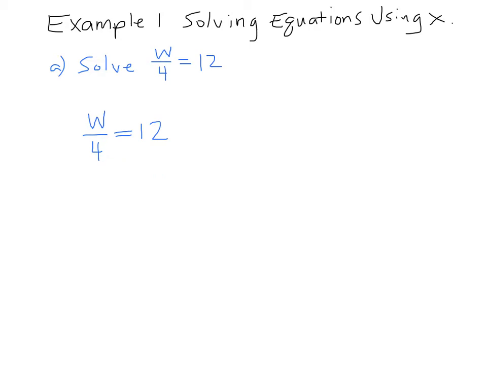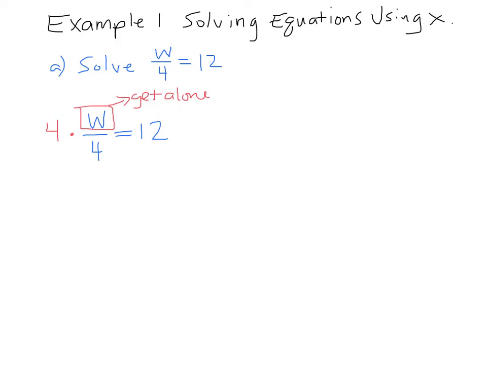So to undo this division, we have to use multiplication. So we're going to multiply this side by 4 because, remember, I want to get W all alone. And in order to do that, I've got to get rid of my 4.